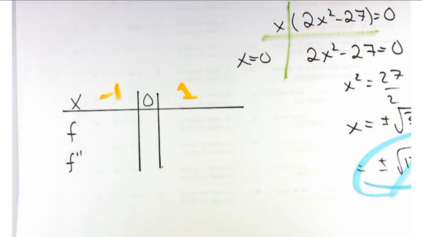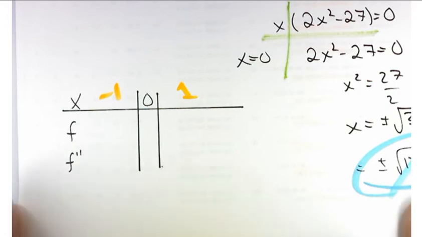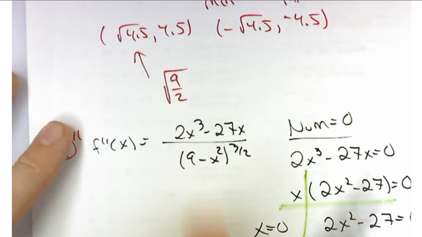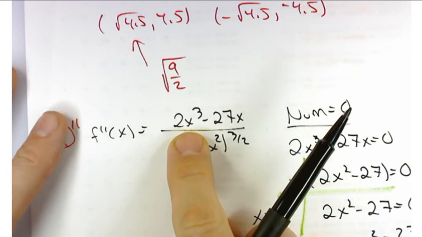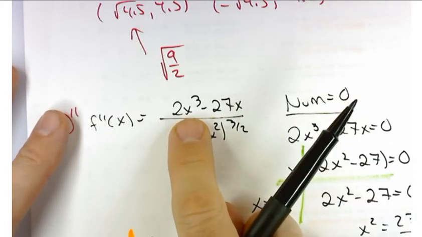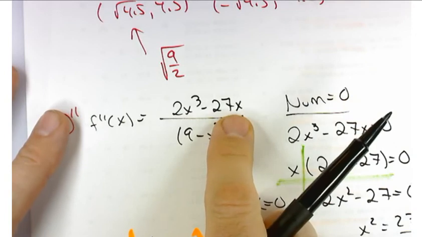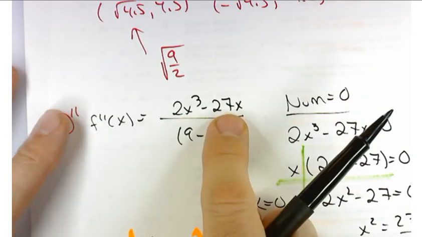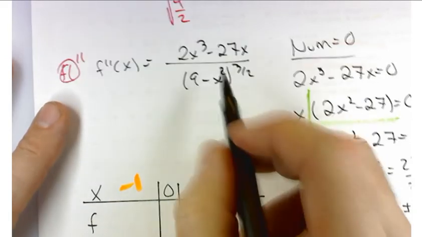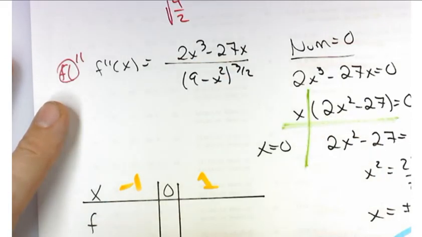Now the sign of this is going to be determined pretty much by the numerator, because the denominator is going to be positive throughout the domain. So let's just look at this when we put in a -1. If I put in a -1, it'd be negative and a positive. So -2 plus 27 would be positive. If I put in a +1, I'd get a negative here.